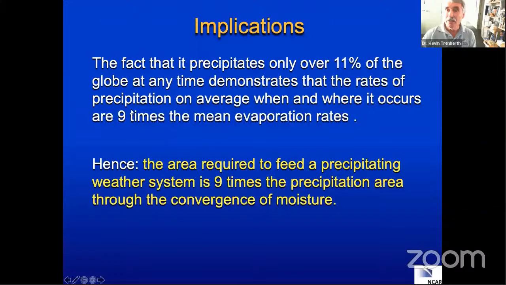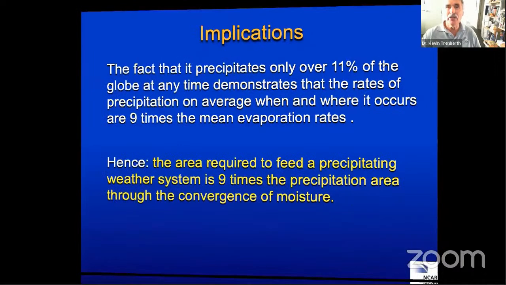And so the air feeding a precipitating weather system comes from 9, perhaps maybe 15, 16 times the area, and it comes about through convergence of moisture, not from local evaporation.